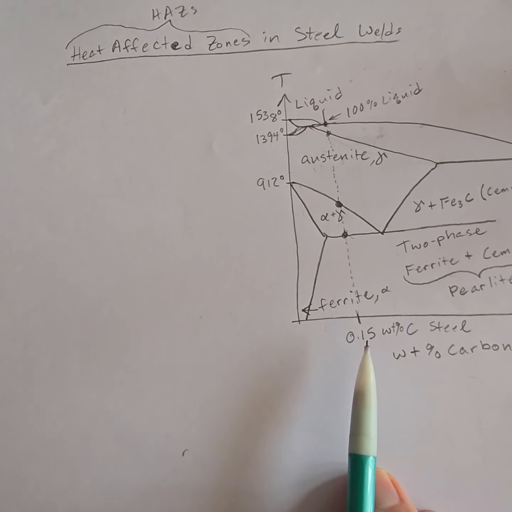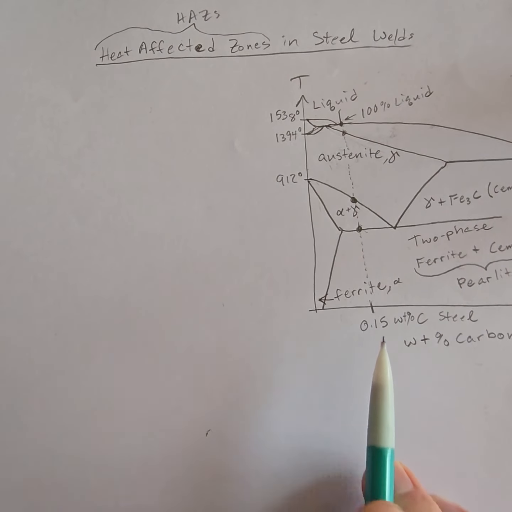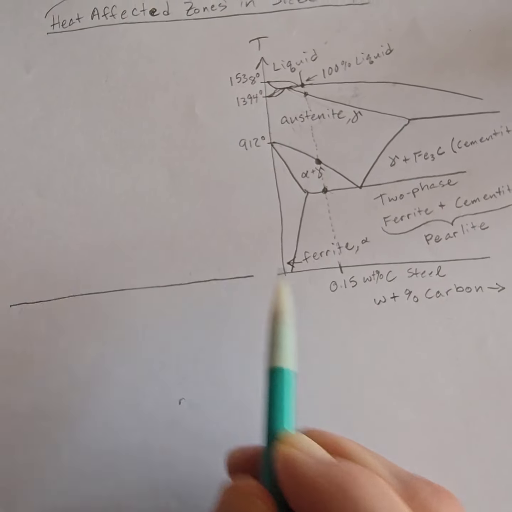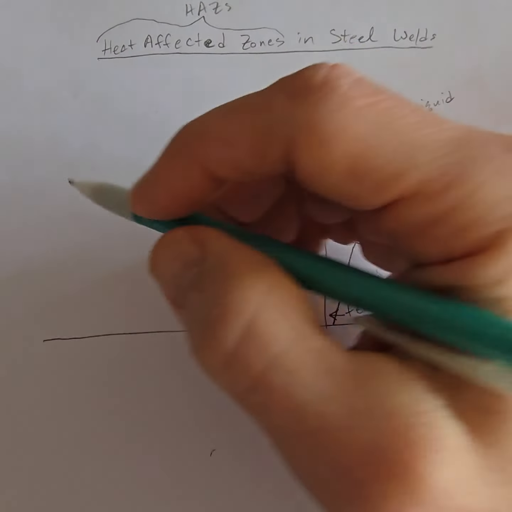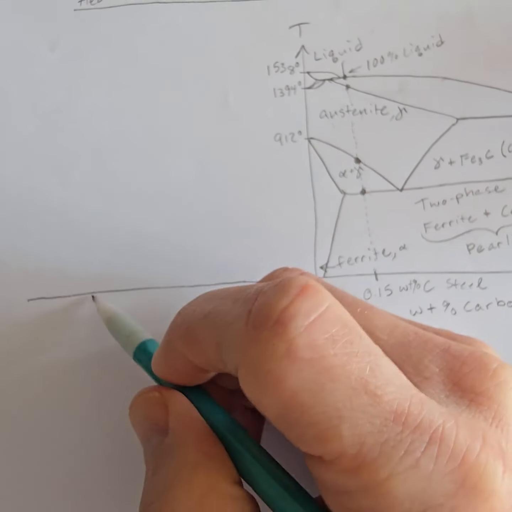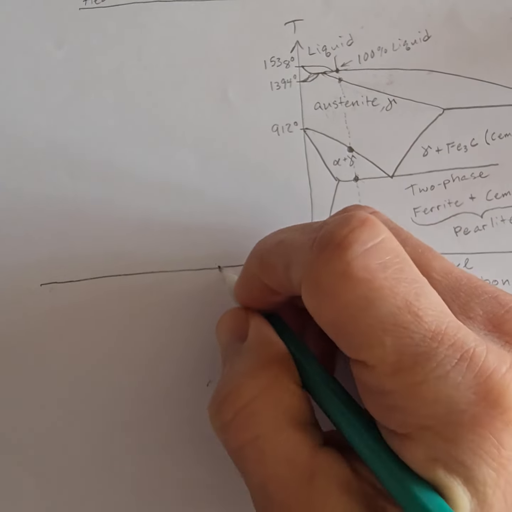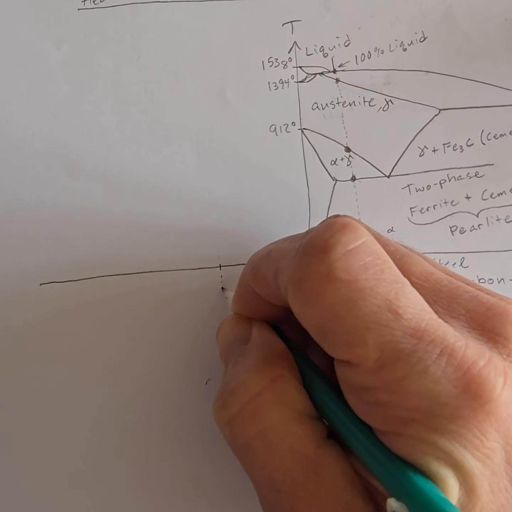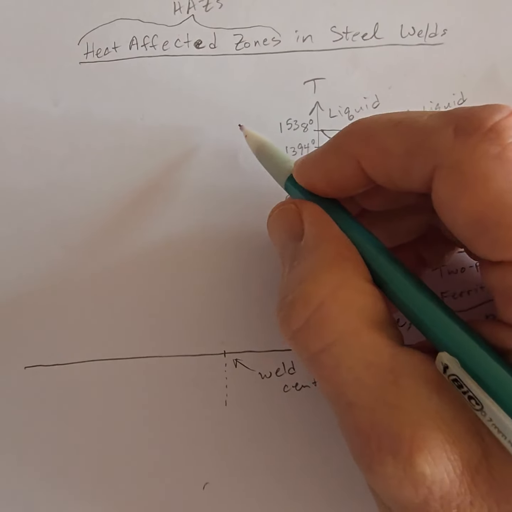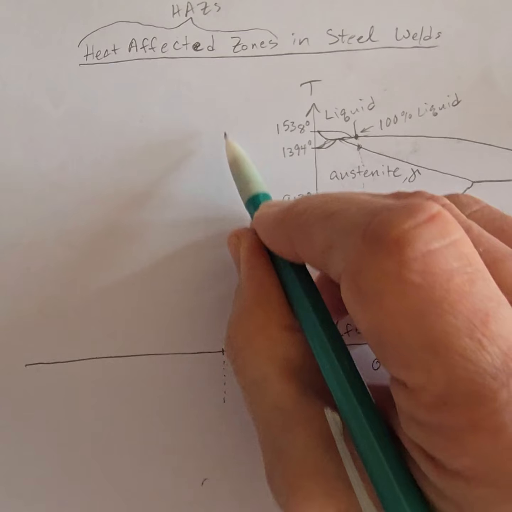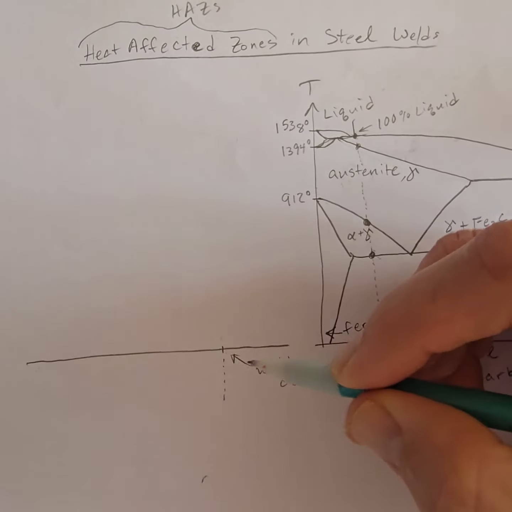For a particular composition, a particular steel alloy, I can relate that to the microstructure using a temperature profile. The other piece of information I need is the temperature versus the distance from the center of the weld. Let's say that this is the center of the weld, and I look up here, and at the center of the weld, the temperature I get is well above liquid.